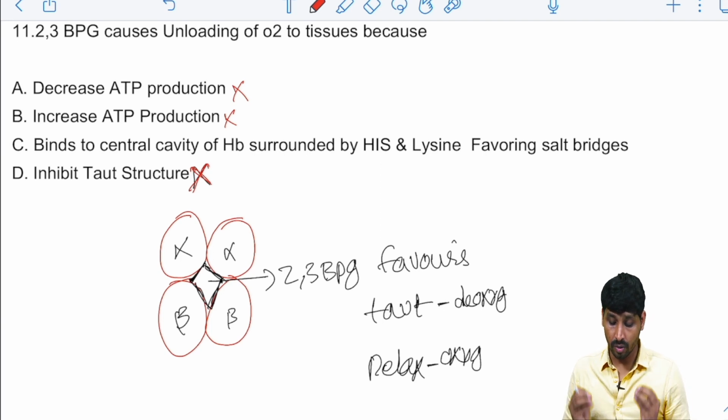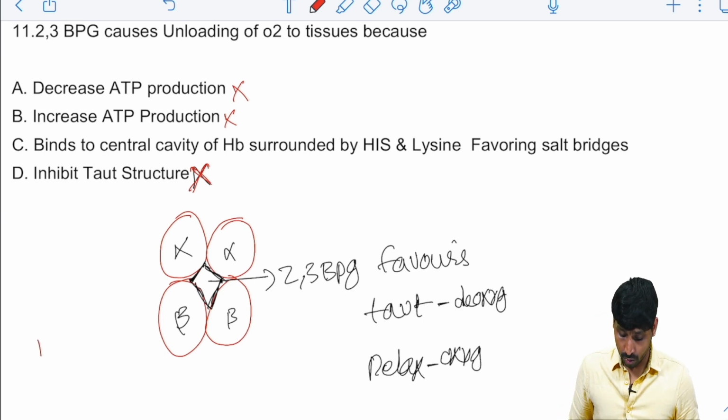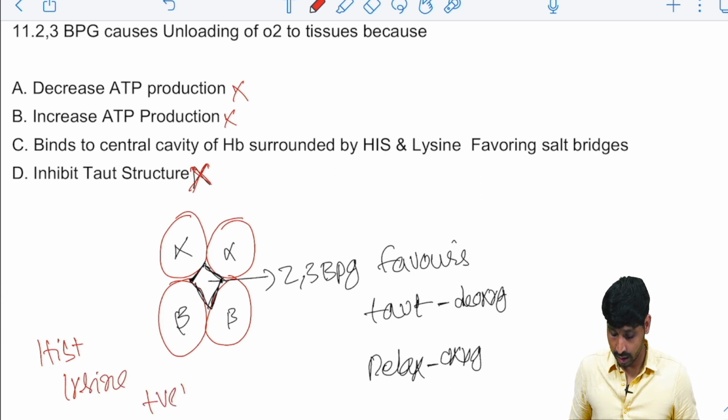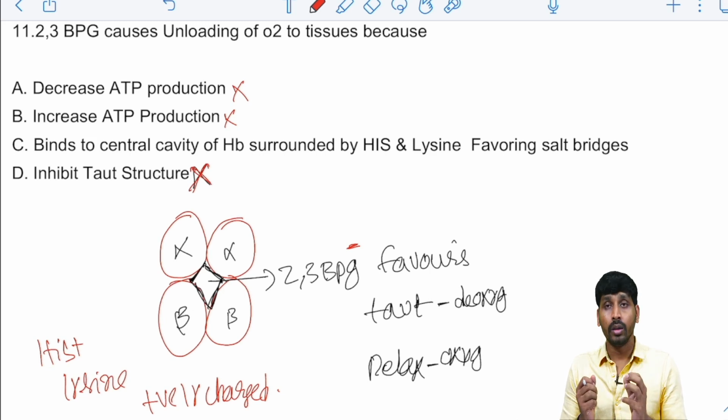The leftover is: binds to the central cavity of hemoglobin surrounded by histidine. Yes, the beta chains of adult hemoglobin contain large amounts of histidine and lysine, which are positively charged, whereas 2,3-BPG is negatively charged. There is always attraction between positive and negative, so they will prefer 2,3-BPG rather than oxygen.